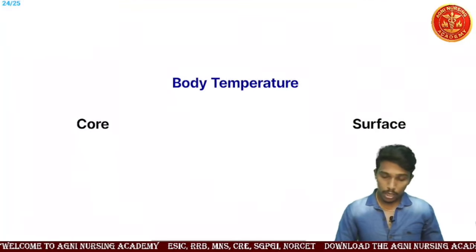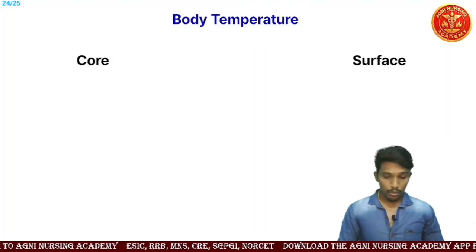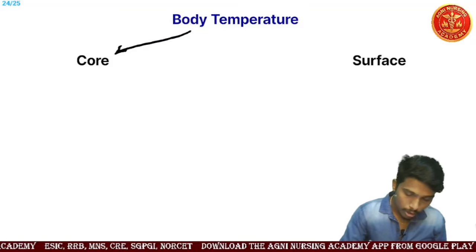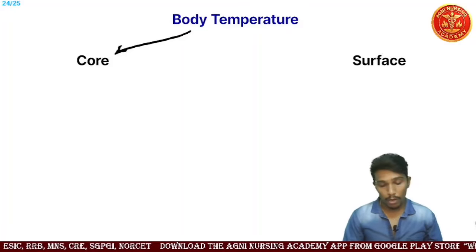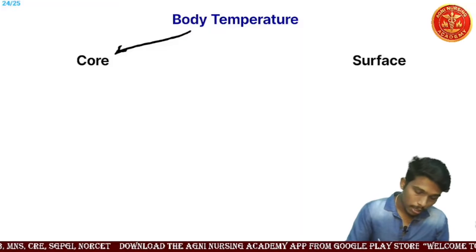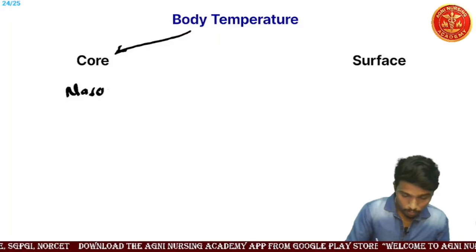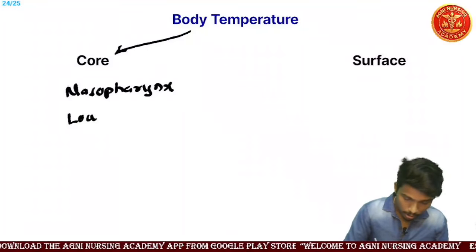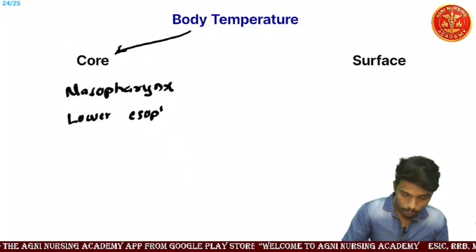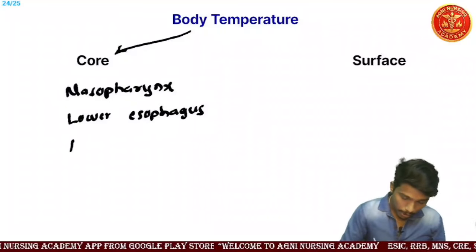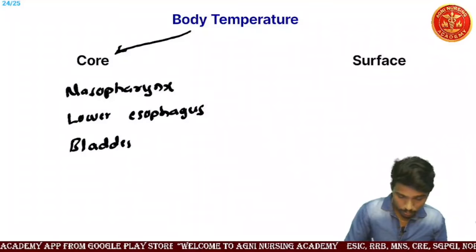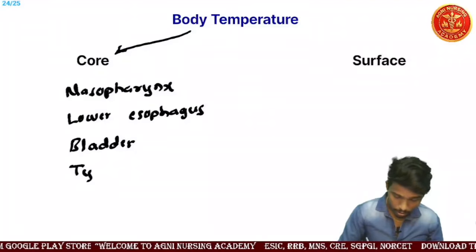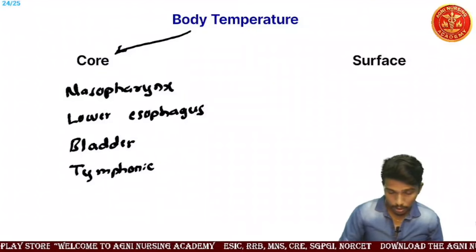There are two types in temperature checking: core body temperature and surface body temperature. If you want core body temperature, you have to check certain areas, that is the nasopharynx, lower esophagus, bladder, and tympanic membrane.